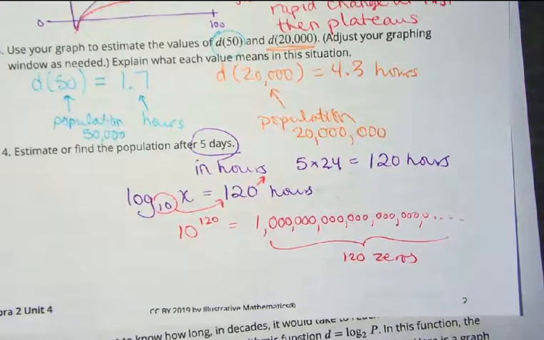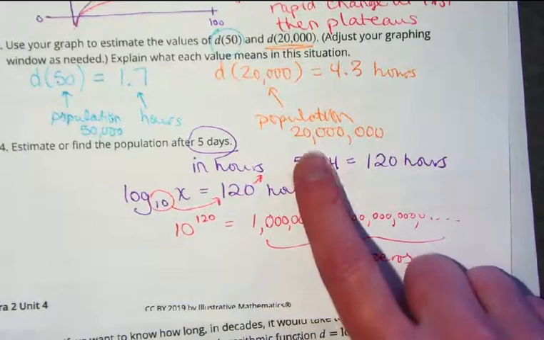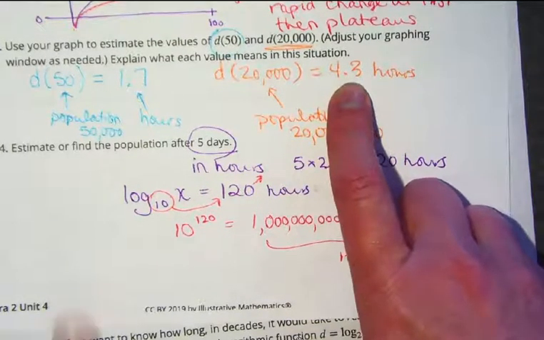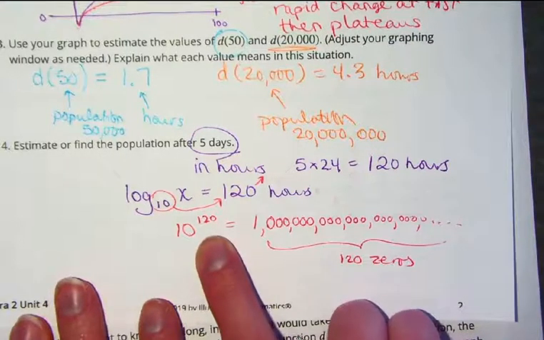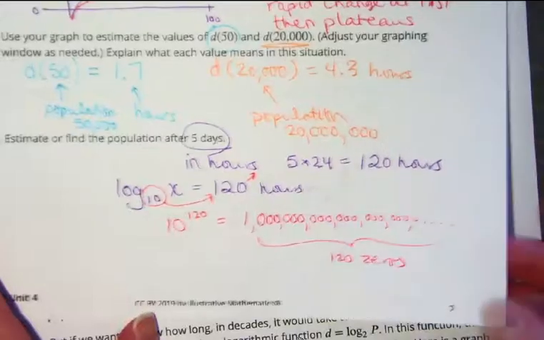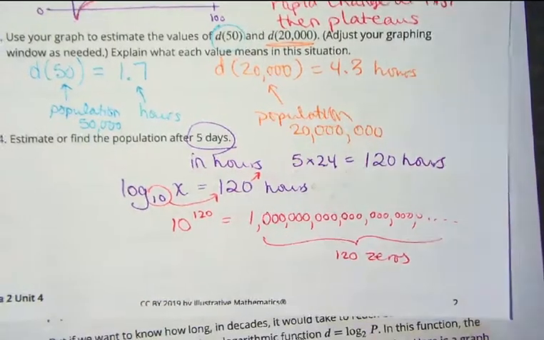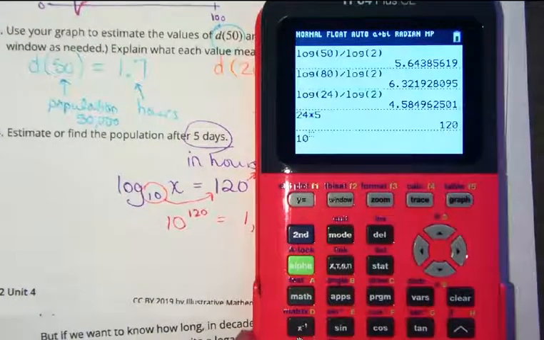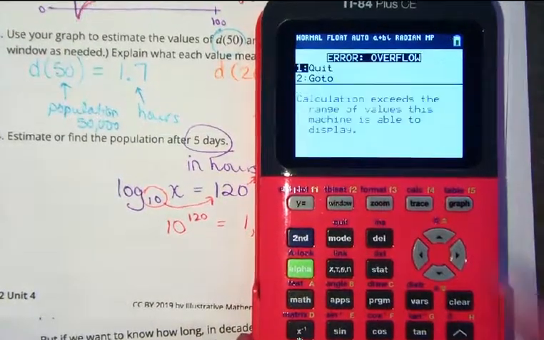So 5 days, if we're letting it grow that much, we'll be way over the 20 million population that it took only 4.5 hours to get to. Giving it 5 full days of time is just a gigantic number. Absolutely massive. If you type it in your calculator, you're probably going to get one of those E things like times 10 to the somethingth, right?